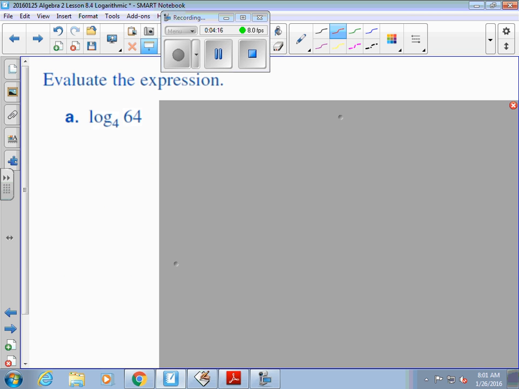On the back, everybody. Let's evaluate these. Log base 4 of 64 is what? Take about 30 seconds on this one.